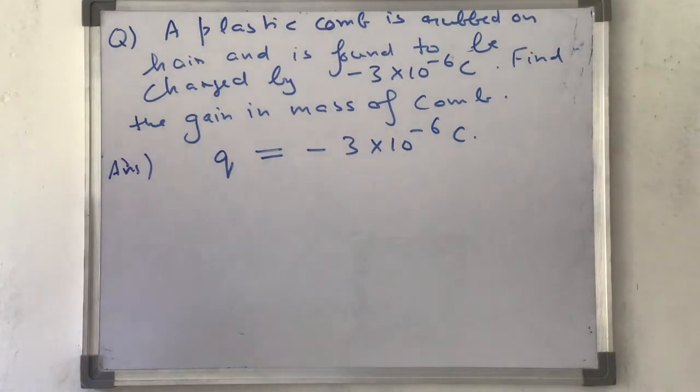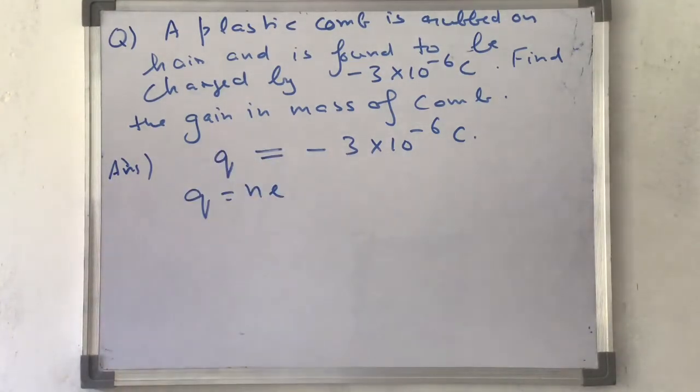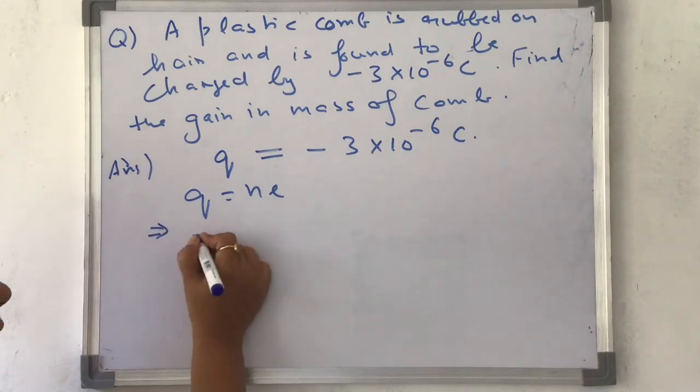According to our quantization relation, Q is equal to Ne. That means this has got negatively charged because it must have gained electrons from the hair. So how many electrons have been gained?